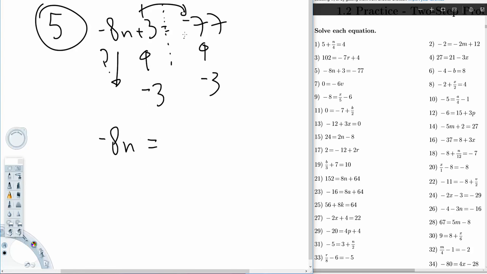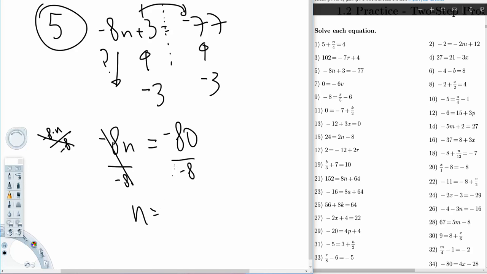You don't have to write it. Negative 77 minus 3 equals negative 80. So here we have negative 8 times n divided by negative 8 would cancel. So we have to do it on both sides. This cancels, n equals negative 80 divided by negative 8 equals 10.